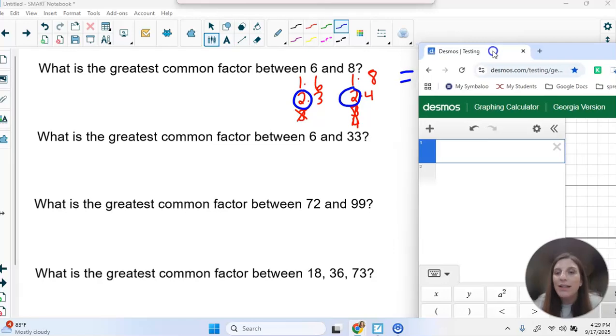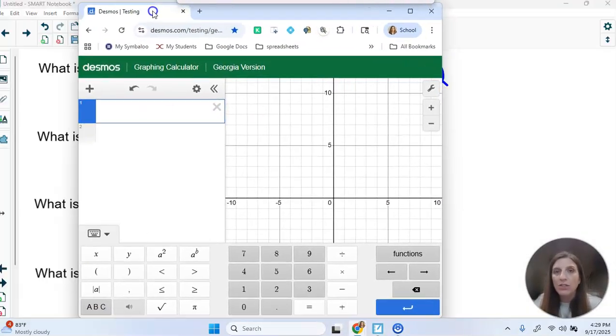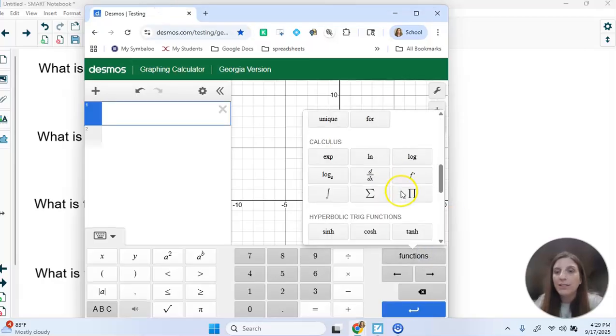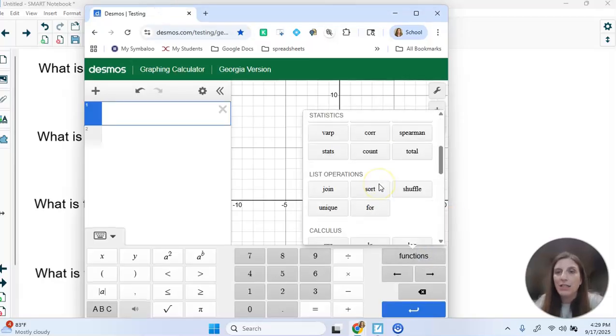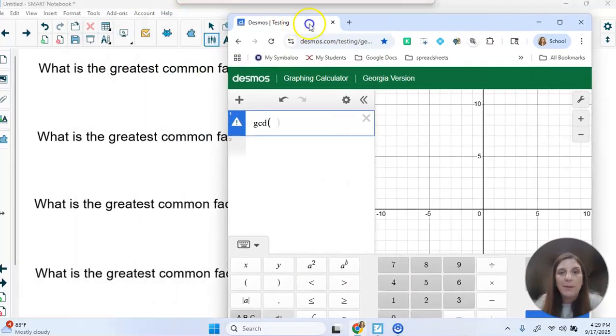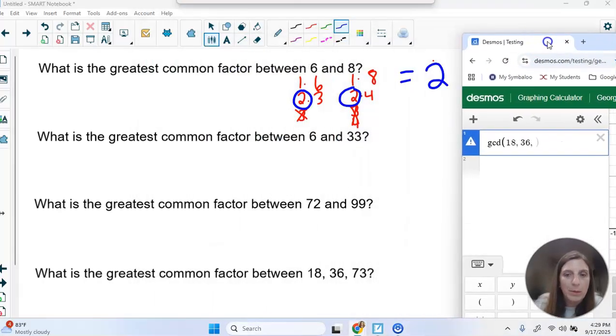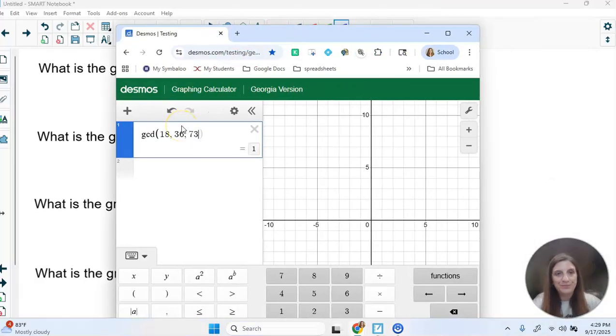If you wanted to find the greatest common factor between 3 or 4 numbers, you can do that, right? You would just go functions, scroll to GCD. Whoops, I missed it. There it is. And then type in your whole list of numbers with commas in between. 18, 36, I don't even remember, 73.